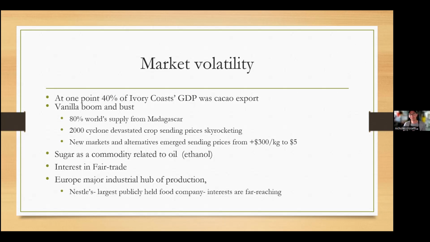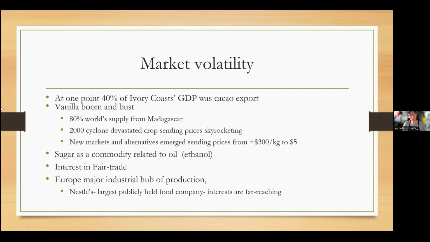So there's huge incentive to keep the cacao production at a stable level, if not growing considerably. But that's just one part of it.